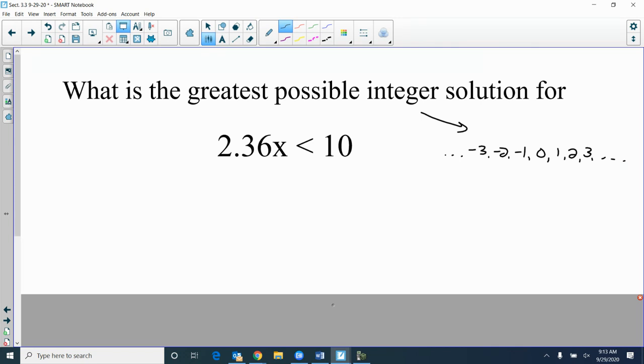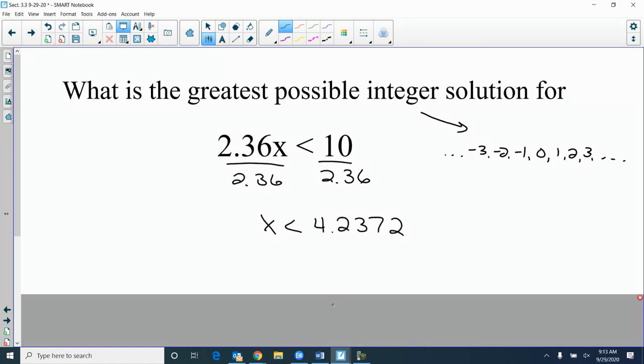Well, to solve it like we normally would, we would divide by 2.36. But it doesn't give me a nice answer. Sam, let me know what it says. 4.2372.